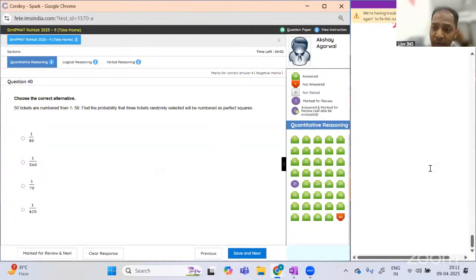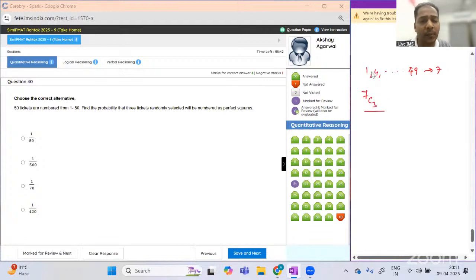50 tickets are numbered 1 to 50. Find the probability that 3 tickets randomly selected will be numbered as perfect squares. 1, 4, and so on. There are 7 perfect squares, up to 49. Therefore, for all 3 being perfect squares, the cases are 7C3 upon 50C3.